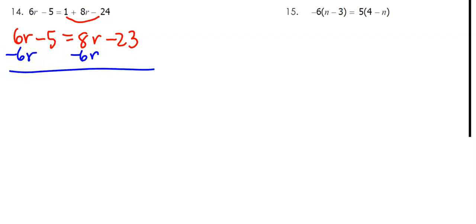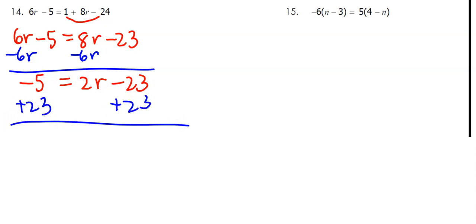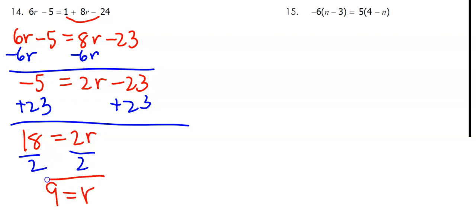So I'm going to choose to move the lower one, keep my variable positive. Now I got to move my constant. Use my calculator so I don't make a mistake. Okay, final step, divide by the coefficient.